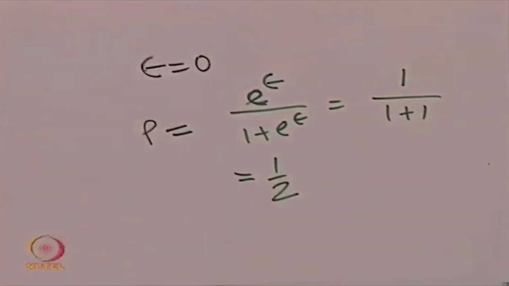So, when there is no particular energy preference, only entropy, then half of the sites will be bound.